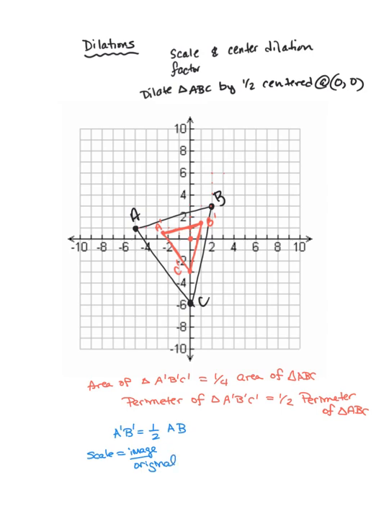We know the scale is 1/2, and 1/2 is the image, A prime, B prime, over AB. You could always use the distance formula to check that. Then we can multiply this in any way, so another thing that would be true is 2 times A prime, B prime is equal to AB. See how I cross-multiplied? If you know this formula, you could set it up and then cross-multiply accordingly.